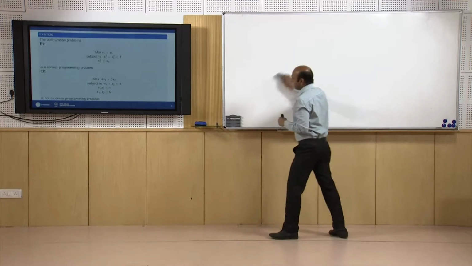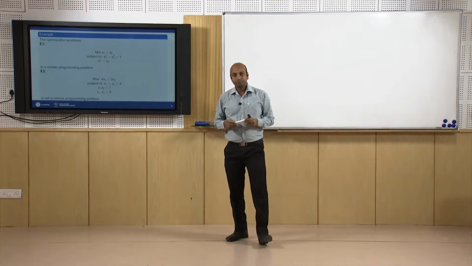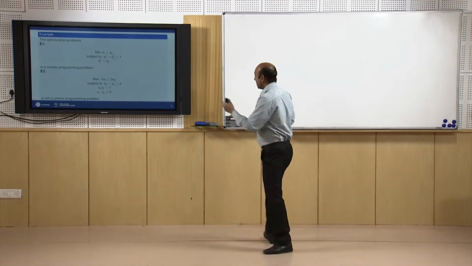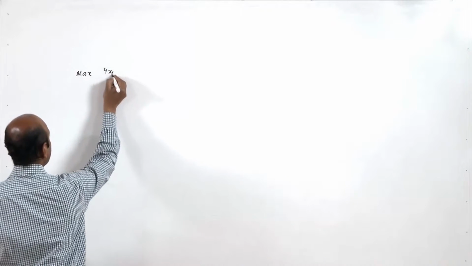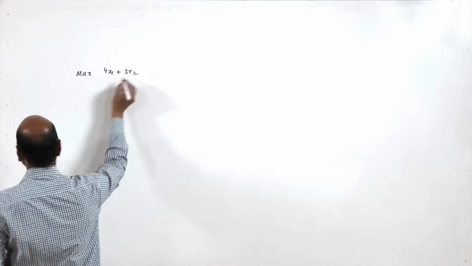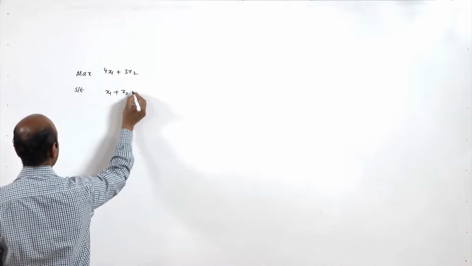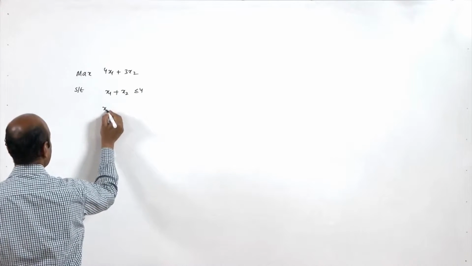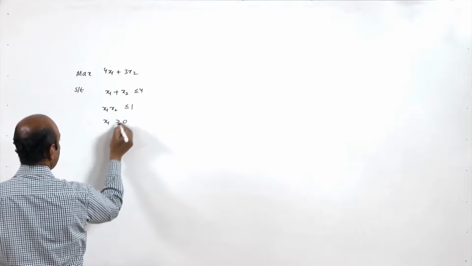In the second example, the objective function is of maximizing type, but it is linear. What will be this objective function? Maximizing 4x1 plus 3x2 subject to what constraints? It is x1 plus x2 less than or equal to 4, x1 x2 less than or equal to 1, x1 greater than or equal to 0, and x2 greater than or equal to 0.